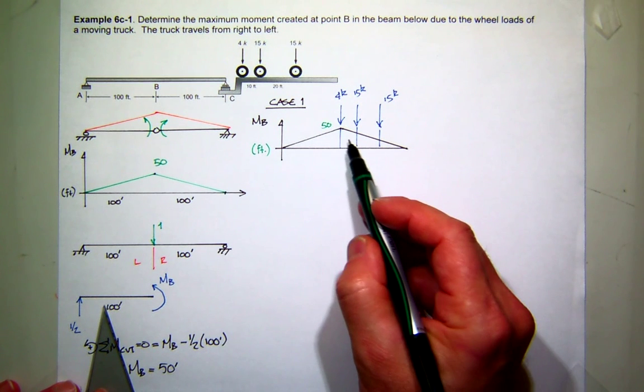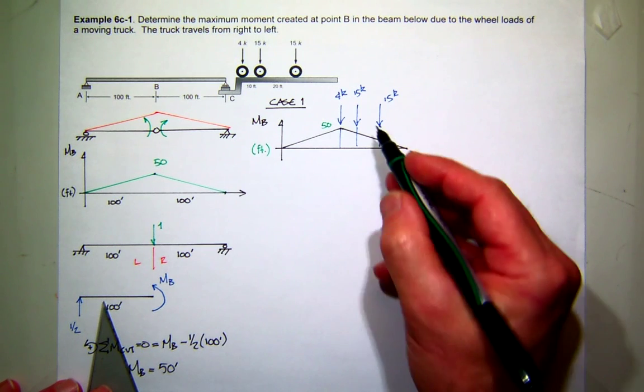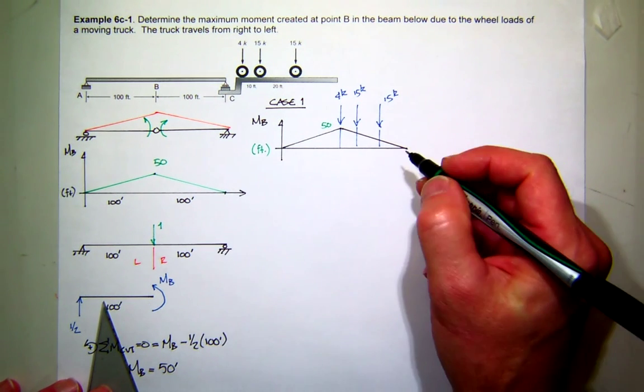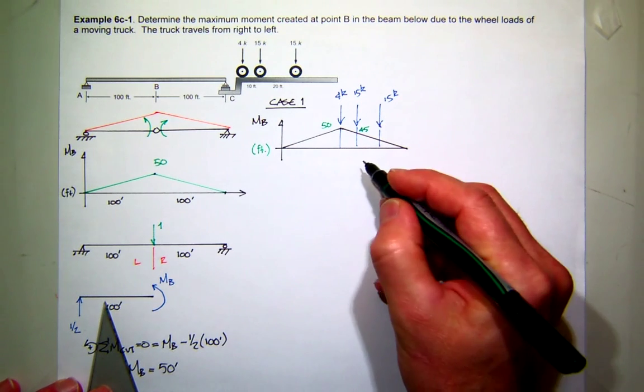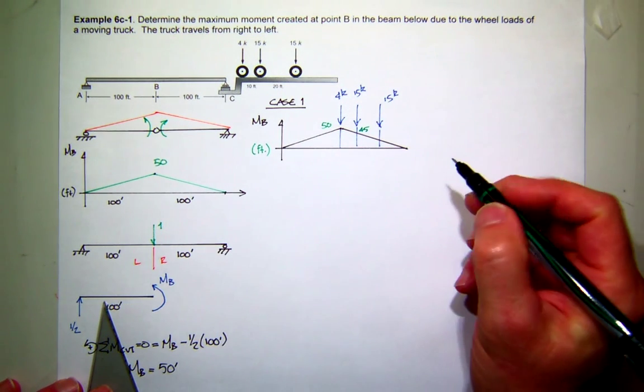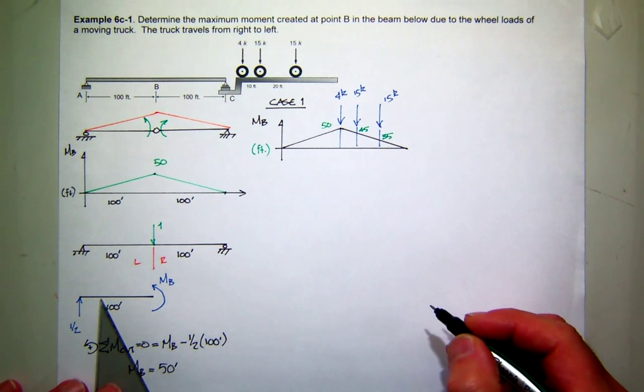So the slope of the line is a rise of 50 over 100, or basically 1/2. So if I move 10 feet, I drop 5, so this would be 45. I move another 10 feet, I should drop 10, which should be 35. That makes sense, everybody?